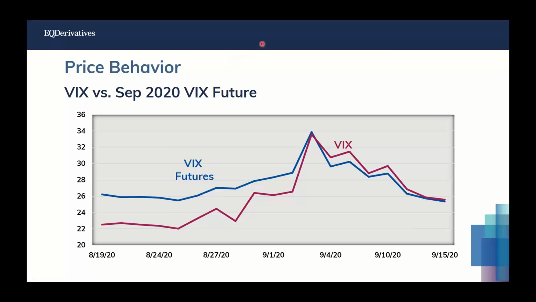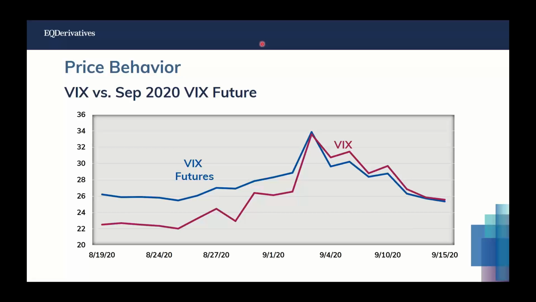Now, this is the typical price behavior for VIX futures. I'm going to talk about VIX option trades, but we care about VIX futures because the best underlying pricing for VIX option contracts, especially when they have 3 or 4 weeks left to expiration, is the corresponding future versus the spot index.